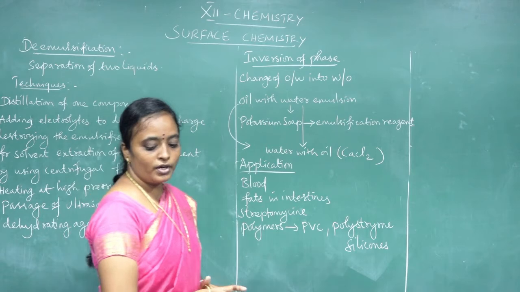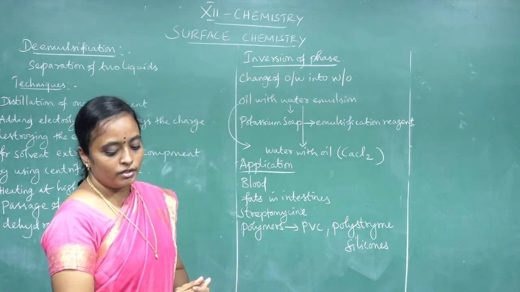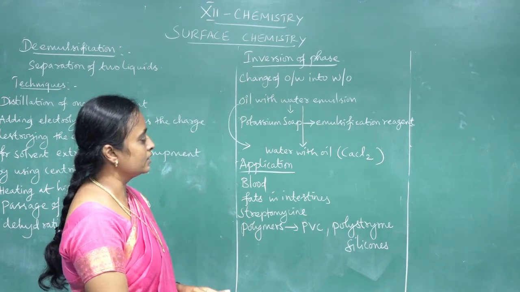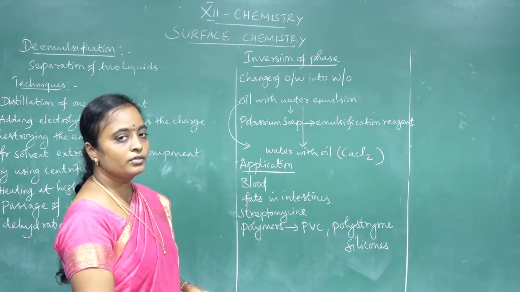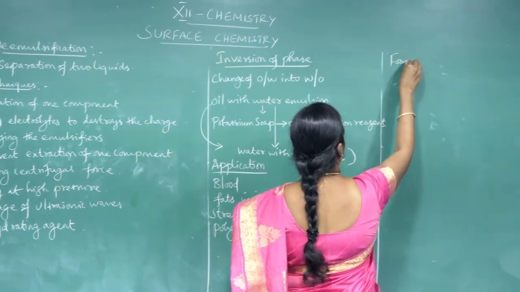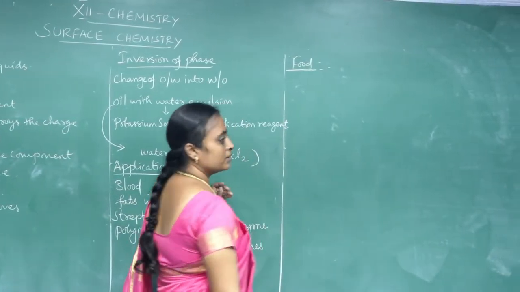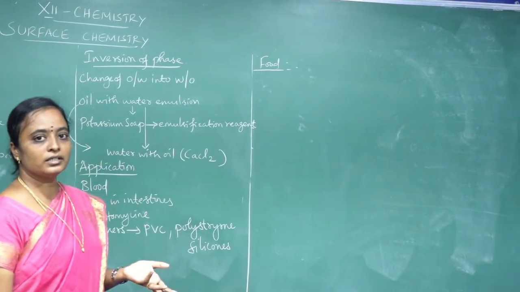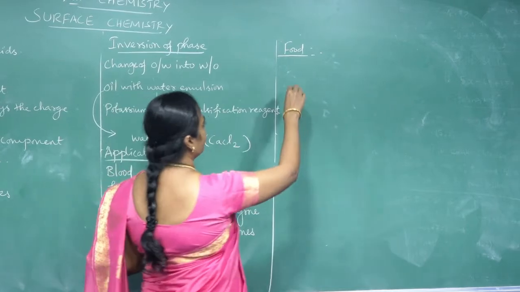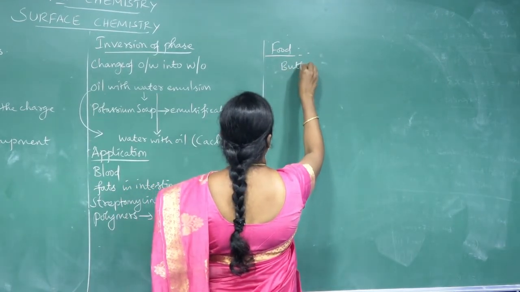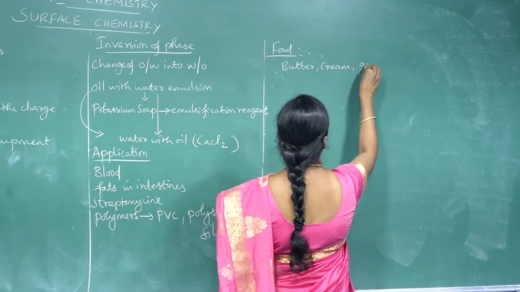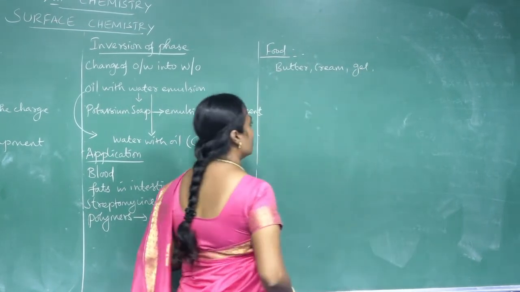First, blood is in the colloidal form, as we have discussed. In the same way, with food, we can give a lot of examples: curd, milk, cheese, butter, cream, and gel are in the colloidal form.